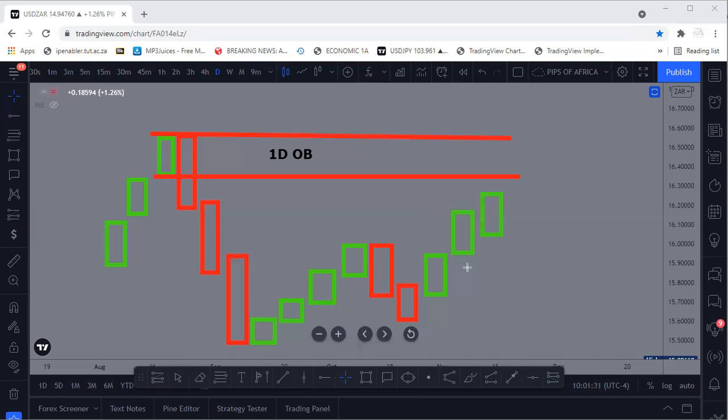That's when you start going to the smaller time frames. You are seeing the daily bearish order block, but you can't take your trades based on the daily time frame. You have to go down to smaller time frames.